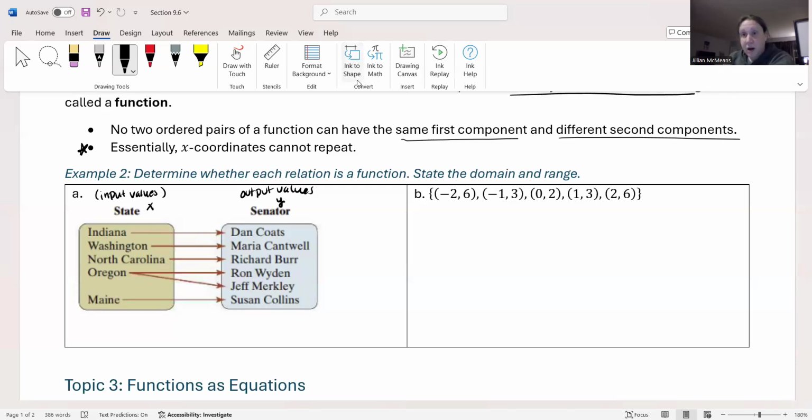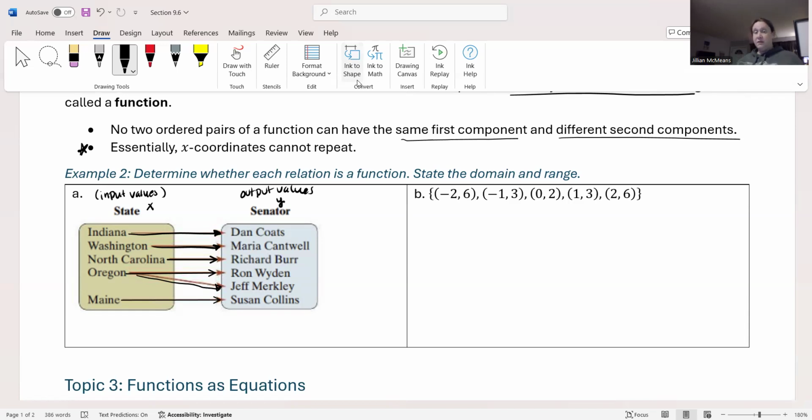Now notice the arrows. Indiana corresponds to Dan Coats. Washington corresponds to Maria Cantwell. North Carolina corresponds to Richard Burr. Oregon corresponds to Ron Wyden and Jeff Merkley. That's a problem. This is a beautiful relation, but this right here is not a function. Finally, Maine corresponds to Susan Collins.